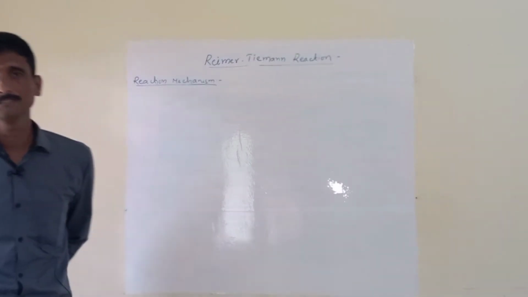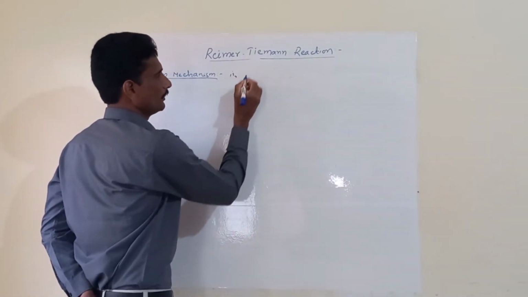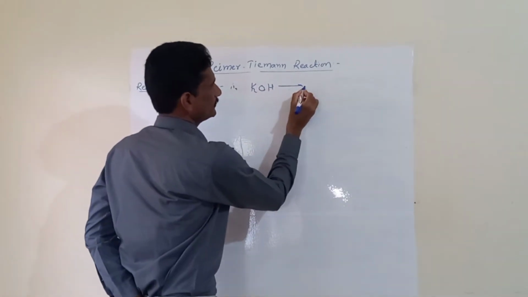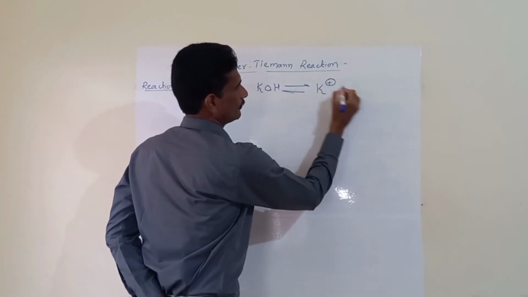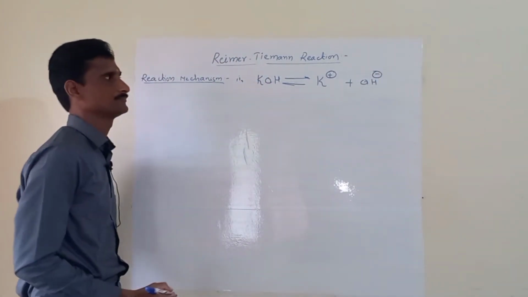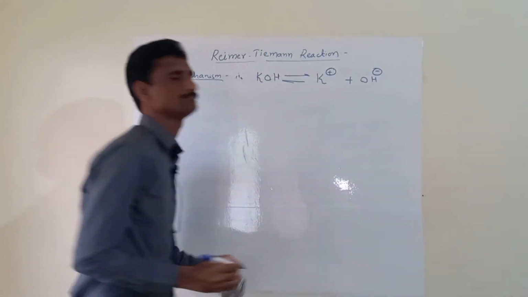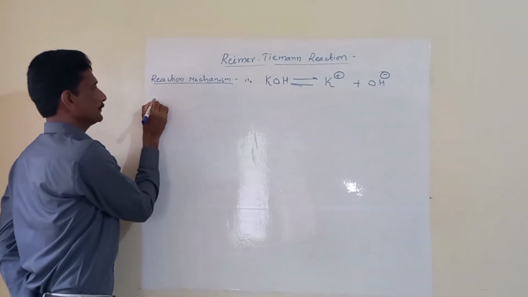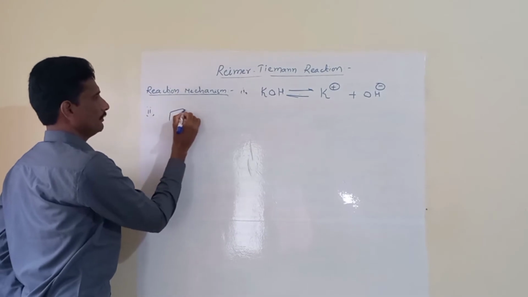Okay, reaction mechanism. In the reaction mechanism, step 1: KOH ionizes, gives K plus and OH minus. This is step 1. Next, step 2: OH minus reacts with phenol.